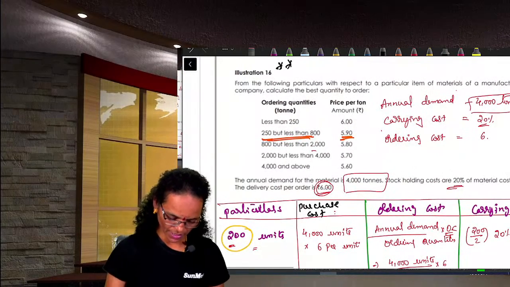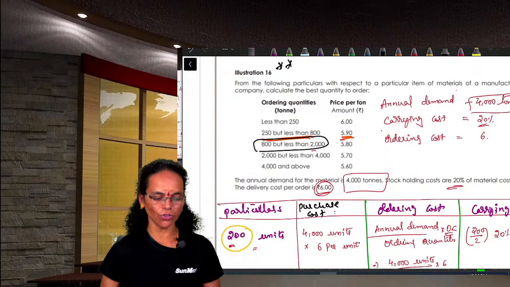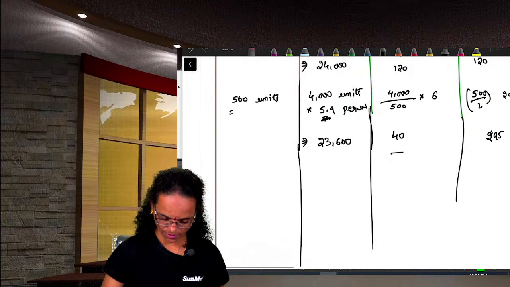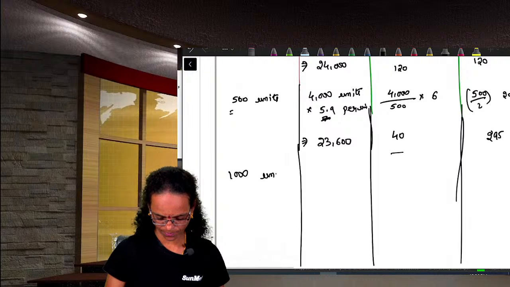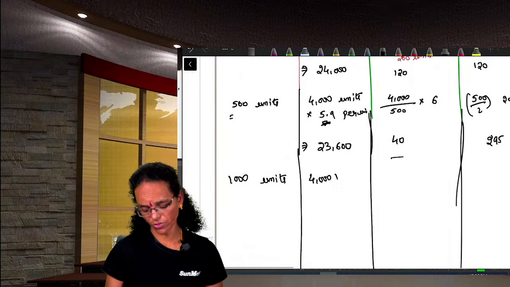Next, between 800 to 2000, we go for 1000 units. Our annual demand is 4,000 units.